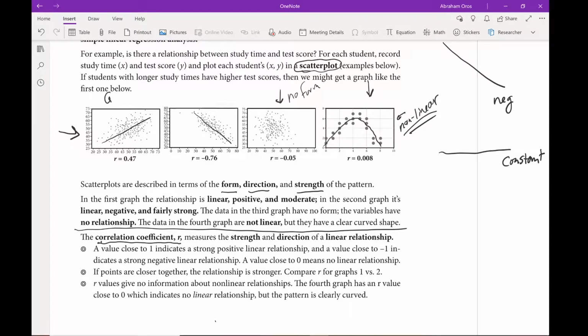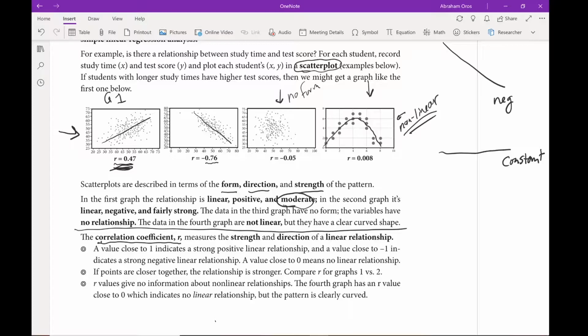G1 has a particular strength, and I said it was moderate, but there's an actual R value that better defines what that is. We'll see down a little bit that 0.47 is in the moderate category, whereas 0.76, which is closer to 1, has a little bit stronger relationship.